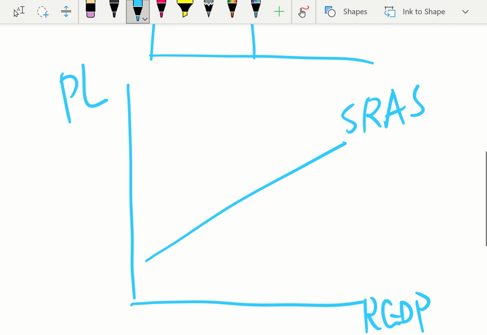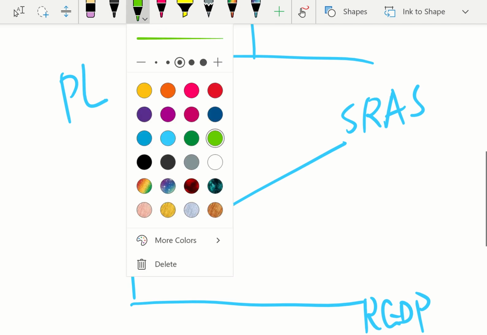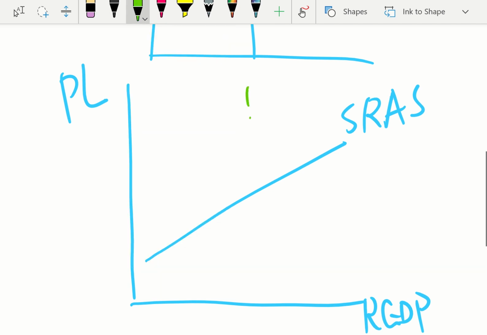And then somewhere out here, you're going to have your natural rate of unemployment. So this is just how much employment there is in the economy. Now, let's suppose right now the economy is doing okay. So we're just at this intersection point over here.